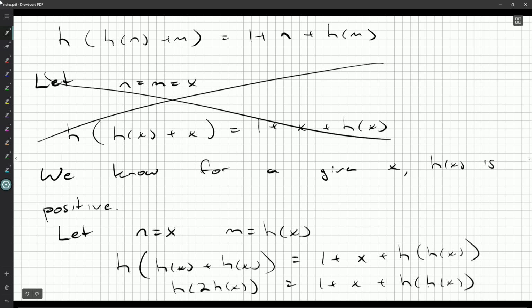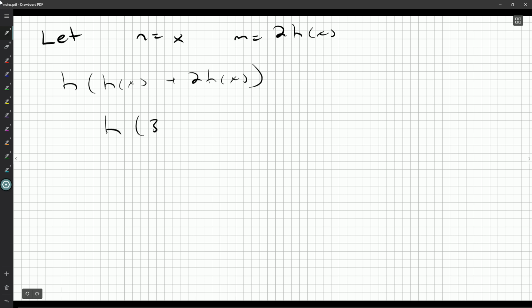But at the same time, this gives me an expression for h of 2h of x. Okay? And so if we tried to do something similar, n being x and m being 2h of x, right, because then you'll have h of x and 2 h of x's, and those will add up to be 3h of x's.